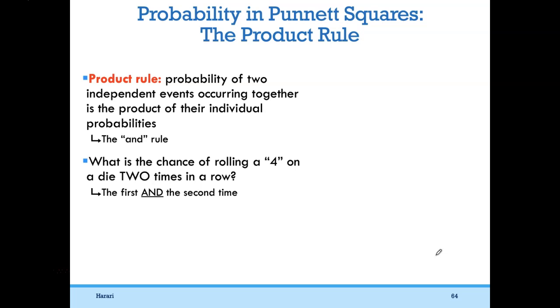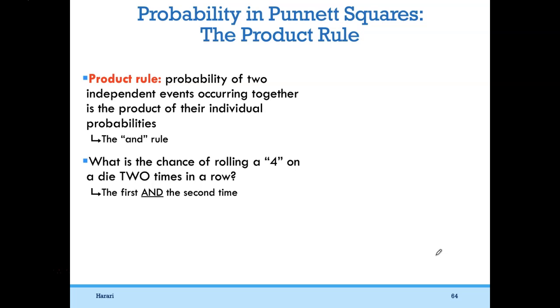What is the chance of rolling a 4 one time? That would be 1 out of 6. What is the probability of getting a 4 the second time? Again, 1 out of 6. Right? So chance has no memory, meaning every time you roll the dice, there's an equal 1 out of 6 chance of getting a 4.